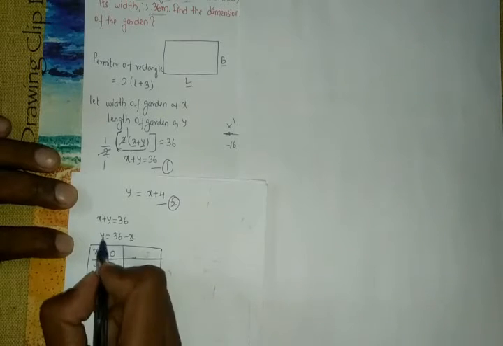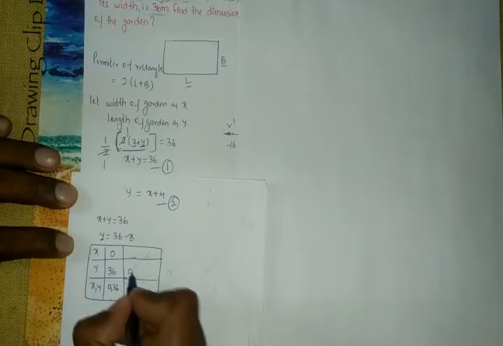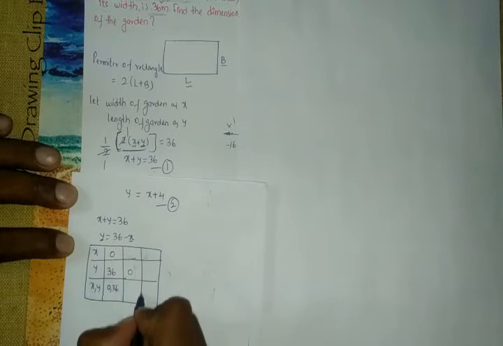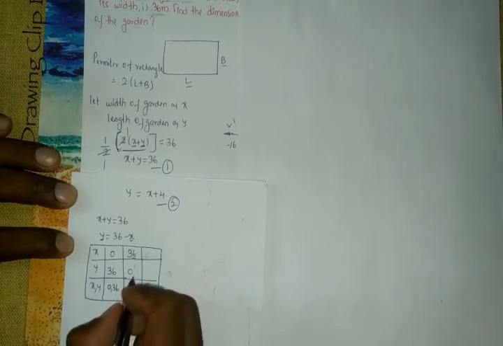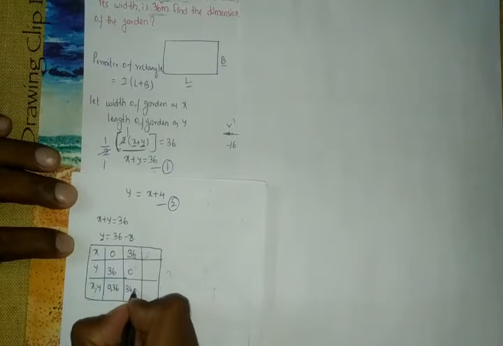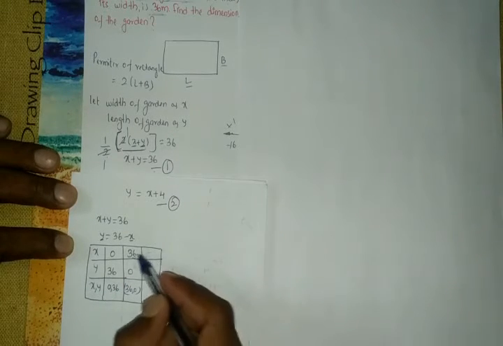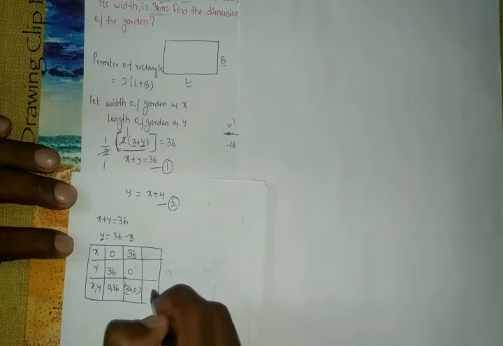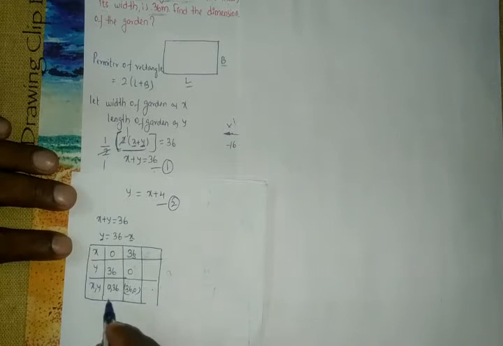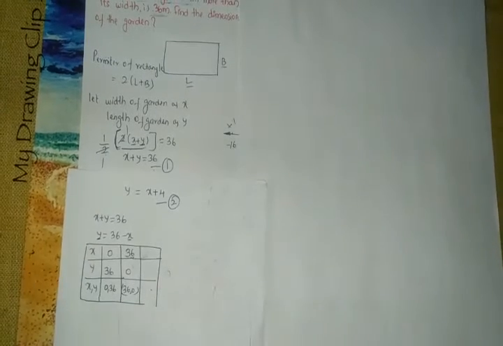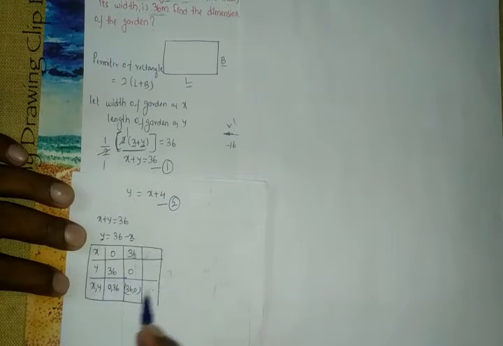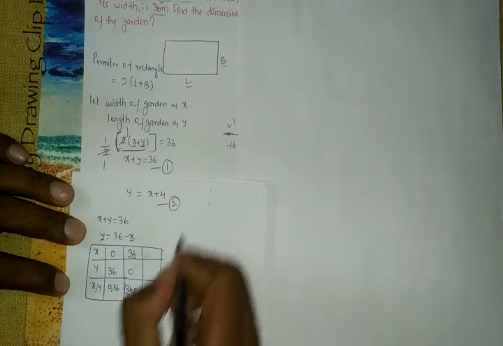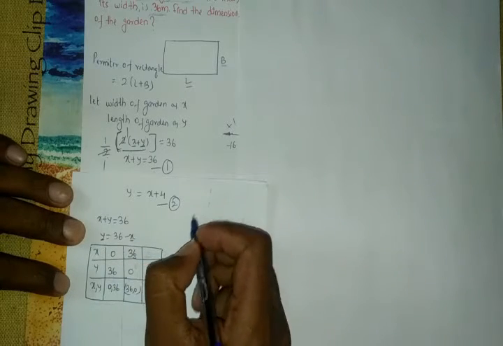Now when I put y as 0, obviously I will get x as 36. So this is 36 comma 0. If you want one more point, you can go with one more point, or 2 points are enough to plot a straight line. Let me go with equation number 2. So equation number 2 is y equals x plus 4.